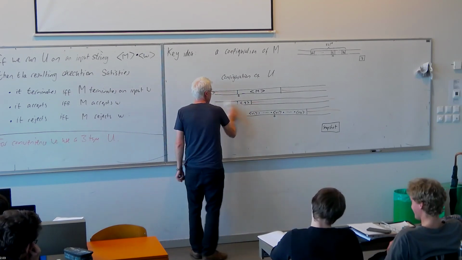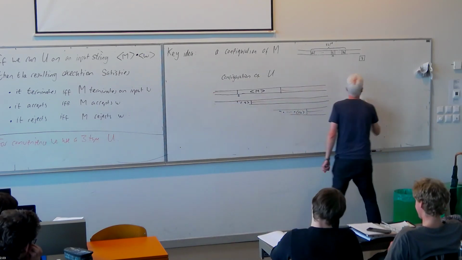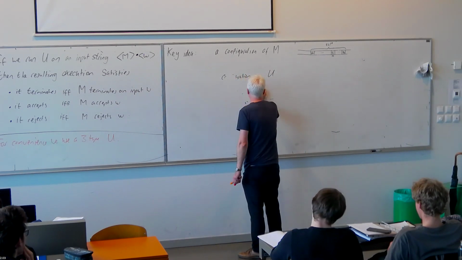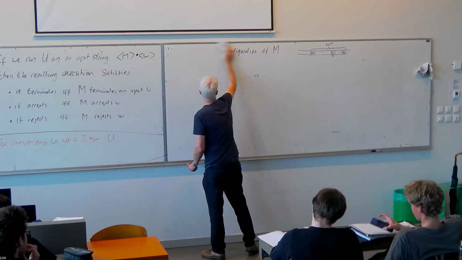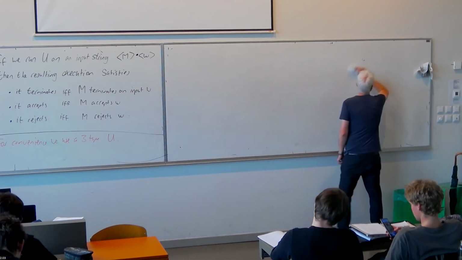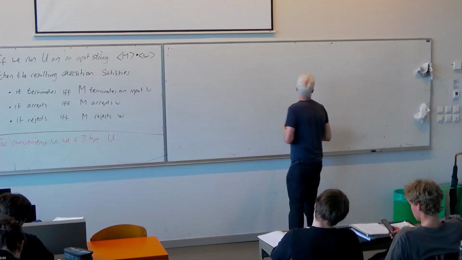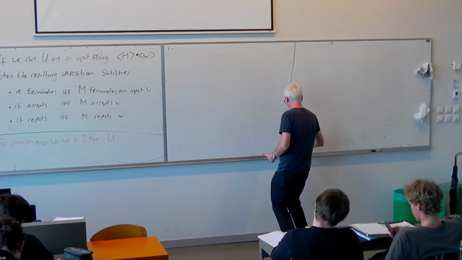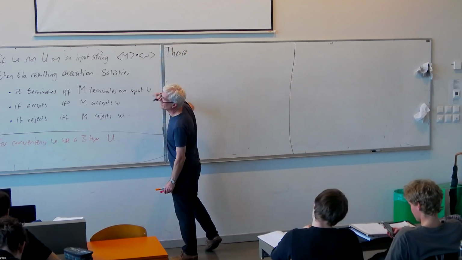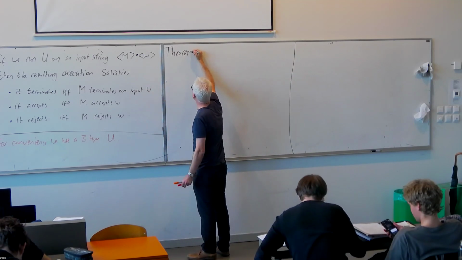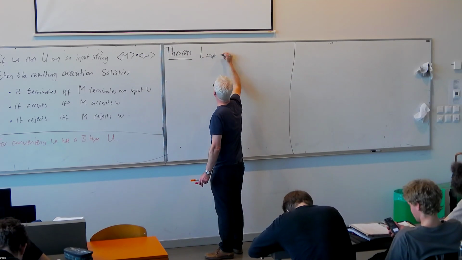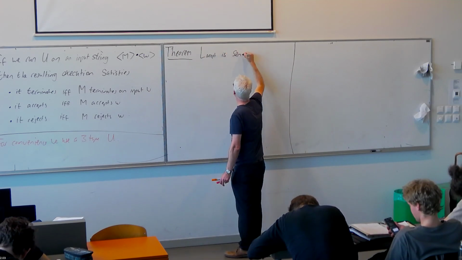What we want to do is use this to prove the semi-decidability of L except. So, the third theorem of today, after the existence of the universal Turing machine: L except is semi-decidable.